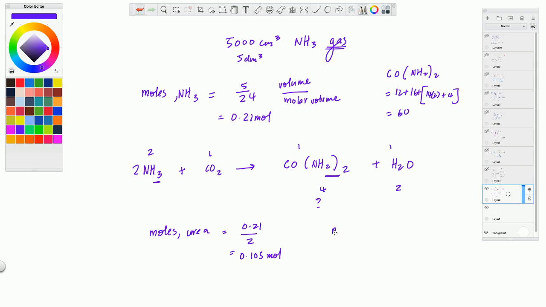So the mass of urea is 0.105 times 60. So you get 6.3 grams. Okay? So, yeah. So it's a question you have to write down the equation.